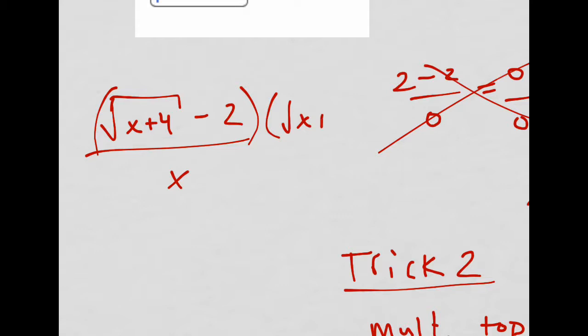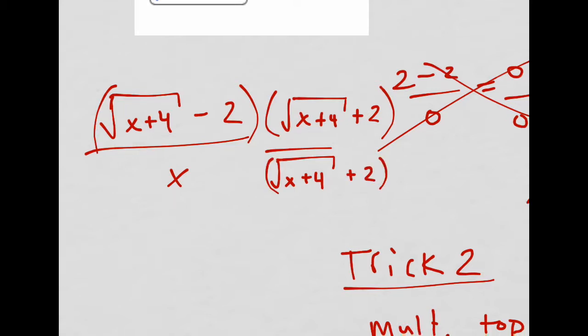That's how I rationalize, right? So let's do that. Plus 2. That's where that comes from. Plus 2. It's the conjugate, and I have to do it on the top and the bottom, because if I do it on the top and the bottom, it's just like multiplying by 1. And that's not changing anything, so that's fine.